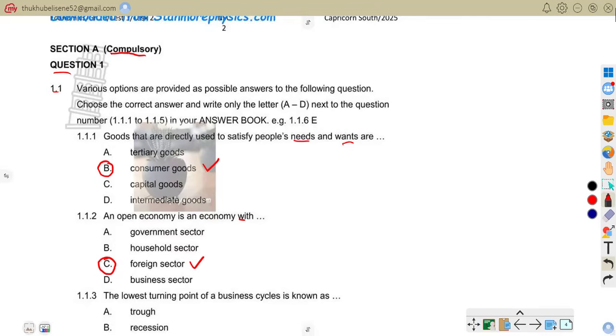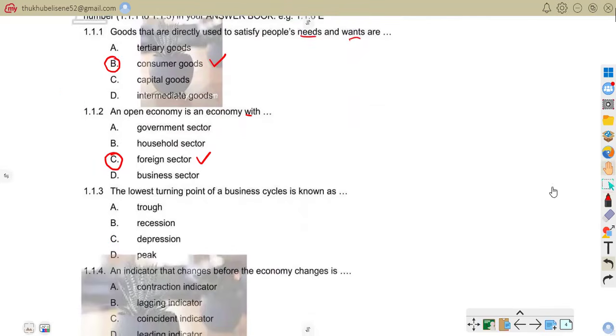Now let us move on to 1.1.3. The lowest turning point of the business cycle is known as, and we are given these four options: a trough, recession, depression, peak.